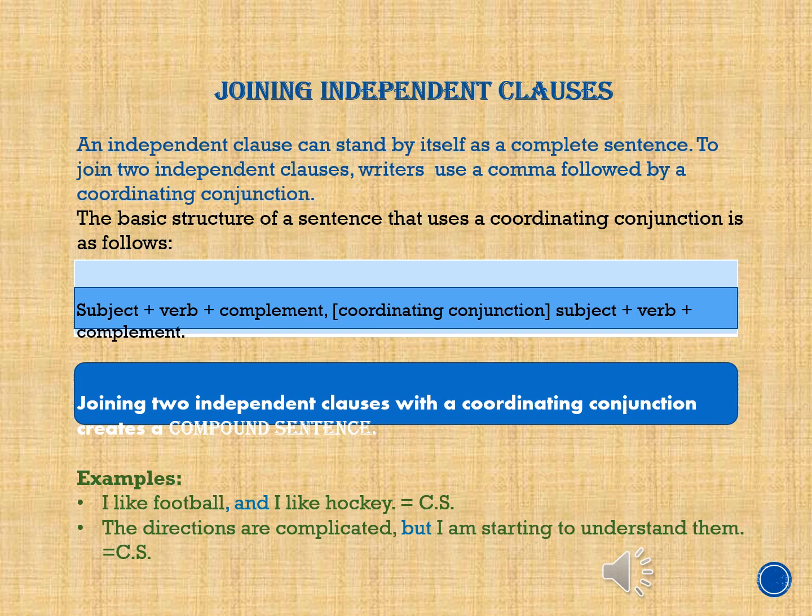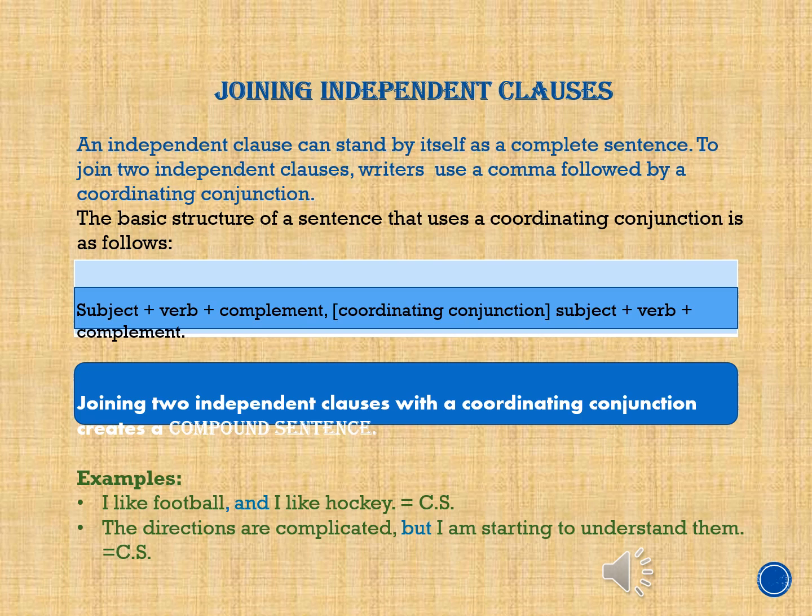An independent clause can stand by itself as a complete sentence. We know that because we have a subject and a verb, right? So to join two independent clauses, writers often use a comma followed by a coordinating conjunction.